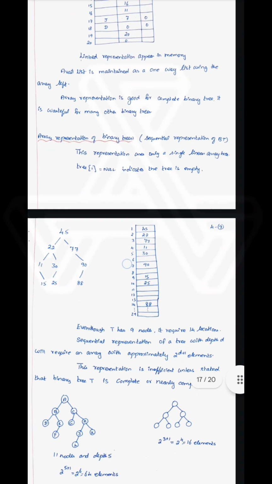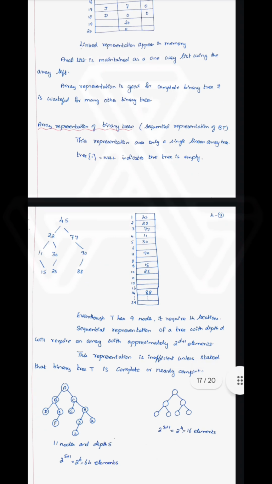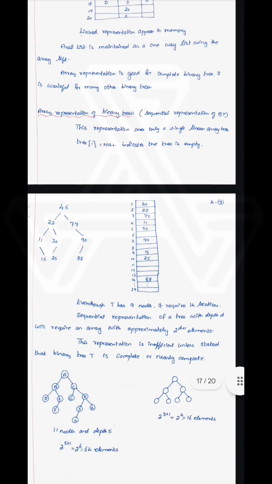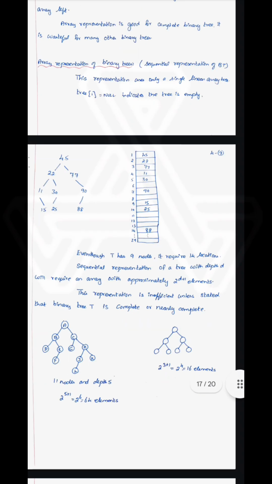Array representation is good for a complete binary tree. It is wasteful for many other binary trees. Array representation of binary tree, or sequential representation of binary tree, uses only a single linear array tree. Tree of 1 equals null indicates the tree is empty.